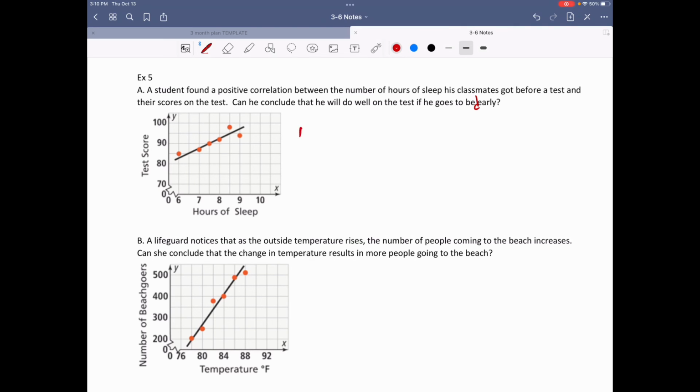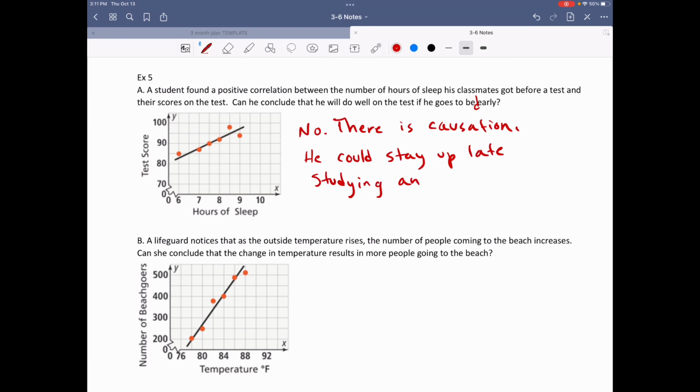So it's going to be no, there is no causation. He could stay up late studying and do well on the test.